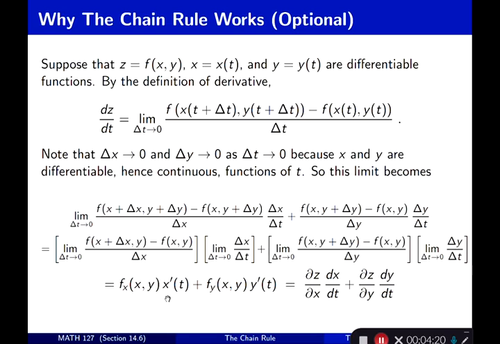But then this limit ends up being f sub x at x and y, and that one ends up being x prime of t, and likewise for the other. So you get the chain rule out of that.